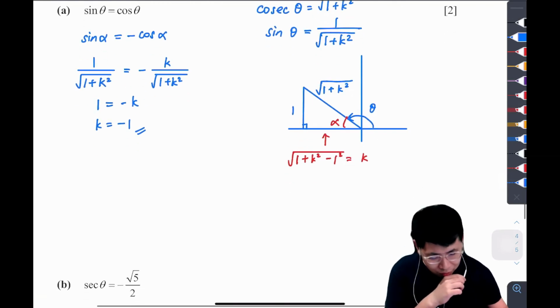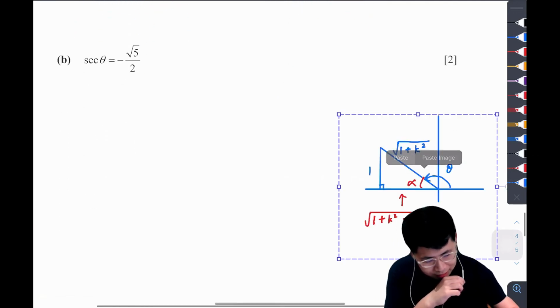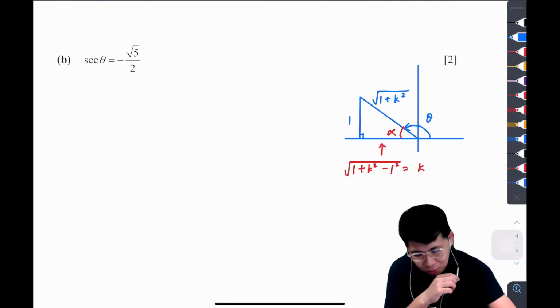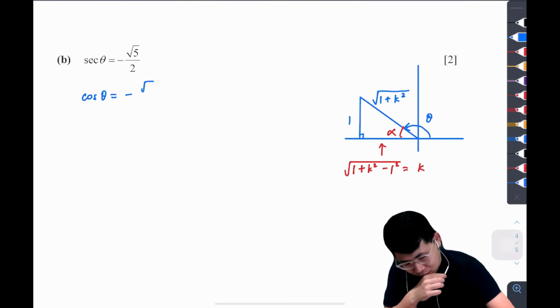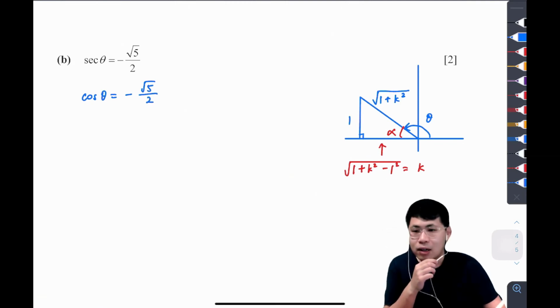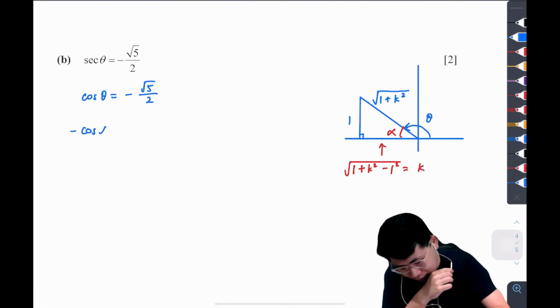Now for part B, I'm going to make use of the same triangle. When secant of theta is equal to negative root 5 over 2, it means that the cosine of theta is equal to negative root 5 over 2. Now, what is cosine theta? Using the basic angle, it would be negative cos alpha.